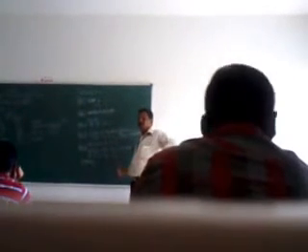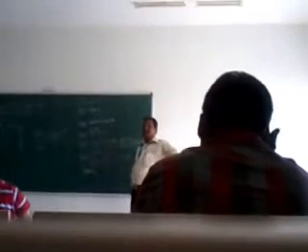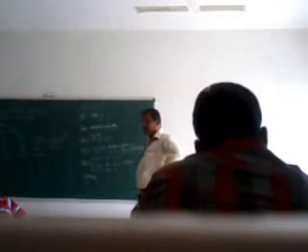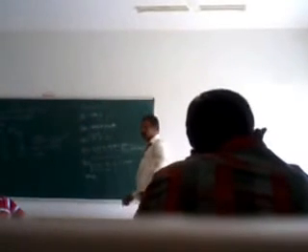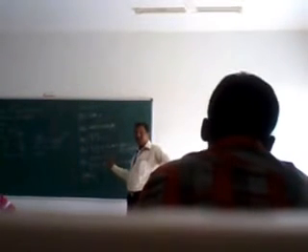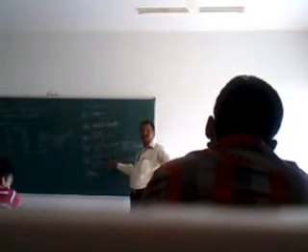Okay. What is step number 5? Step number 5 is very simple: comparison of the test value and critical value. If the test value is always less than or equal to the critical value, at that time H0 is accepted.